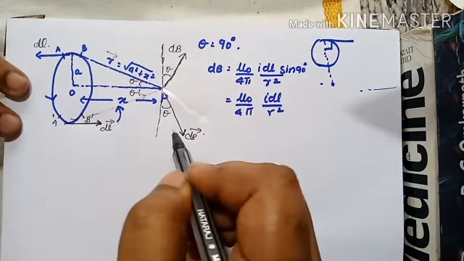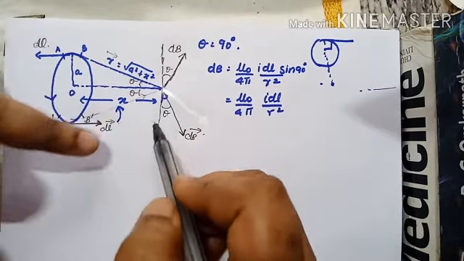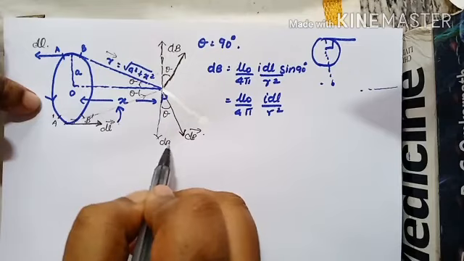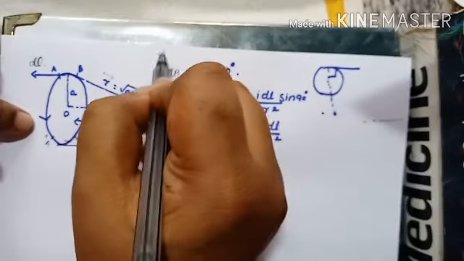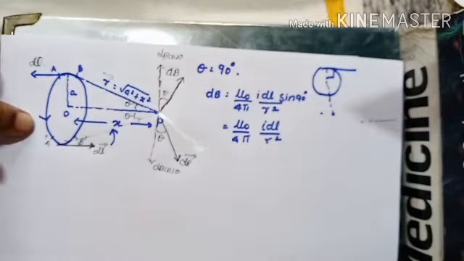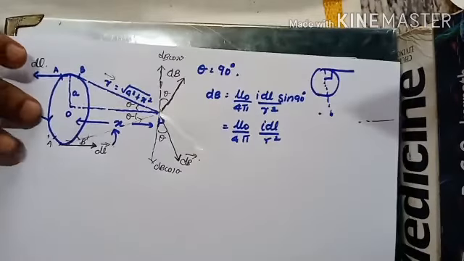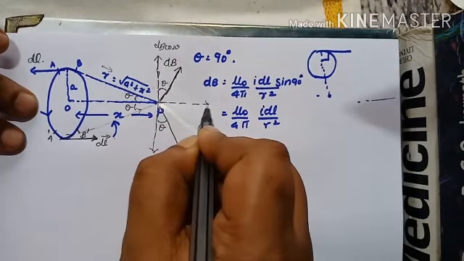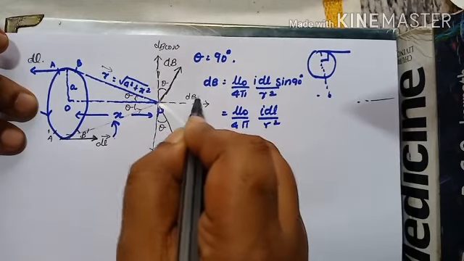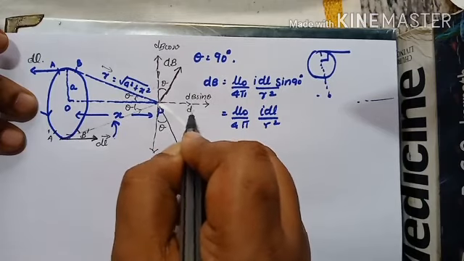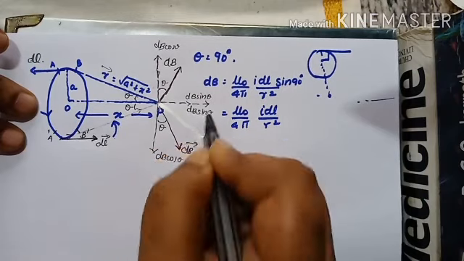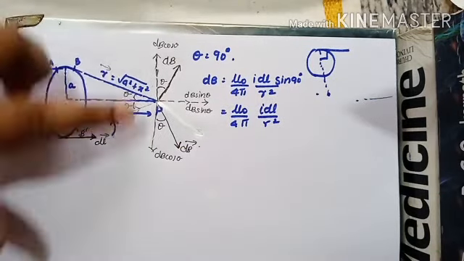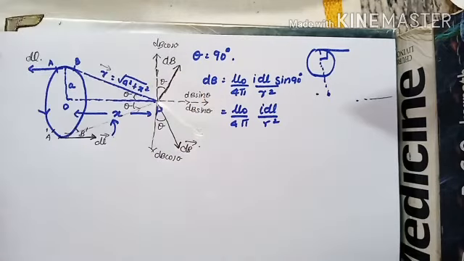If this angle is theta and this is also theta, can't I divide dB into two components? Yes, this will become dB cos theta and this becomes dB cos theta. Similarly, there is a sin theta section. Both of them will be dB sin theta and dB sin theta, in the same direction. So the dB cos theta components do not contribute because they cancel out. Only dB sin theta provides the magnetic field.